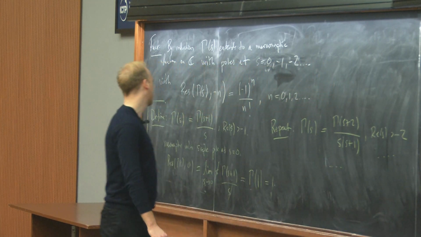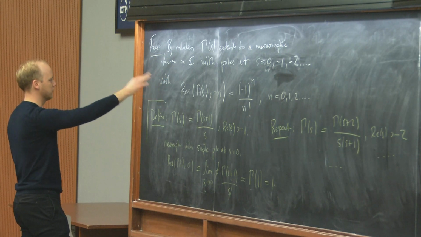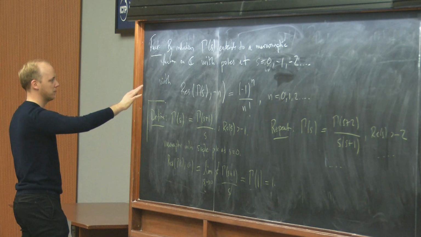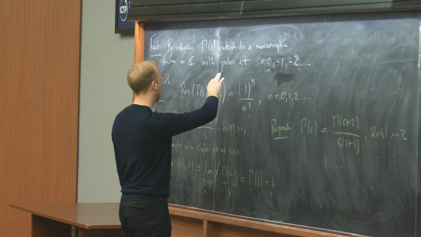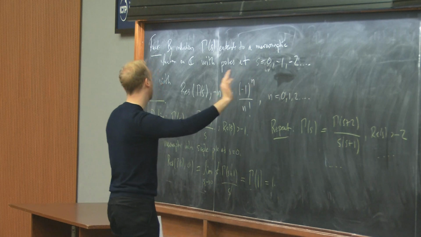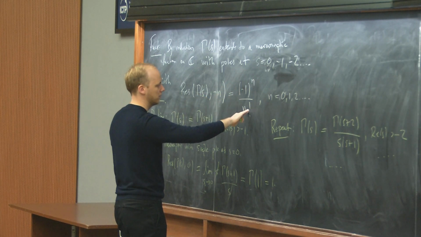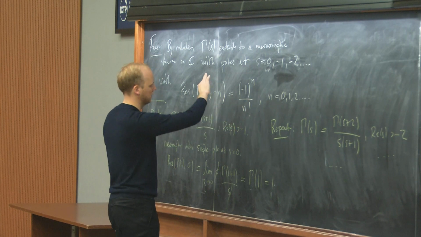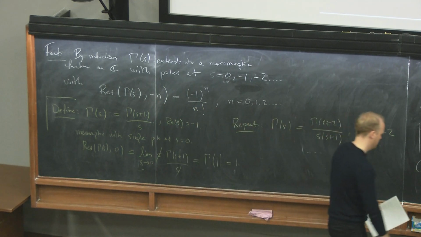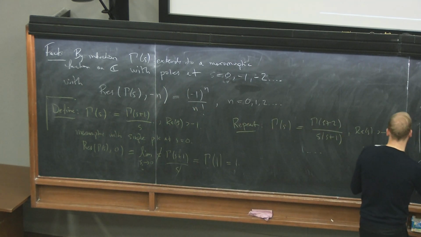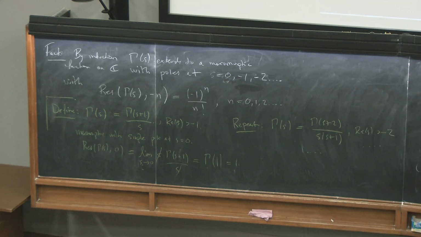Doing this, by induction, gamma of s extends to a meromorphic function on the whole complex plane with poles at s equals 0, minus 1, minus 2, with residue equal to this. So actually, with poles here, with residue equal to this, is what I should say, not simple. Okay, so the gamma function extends to a meromorphic function on the whole plane.